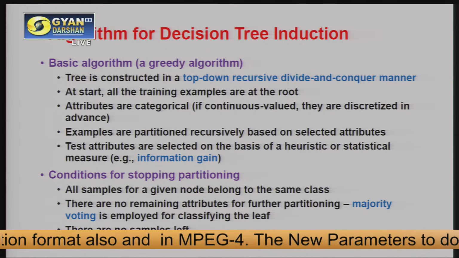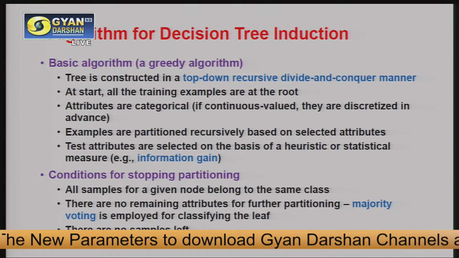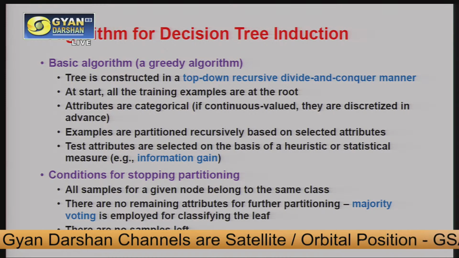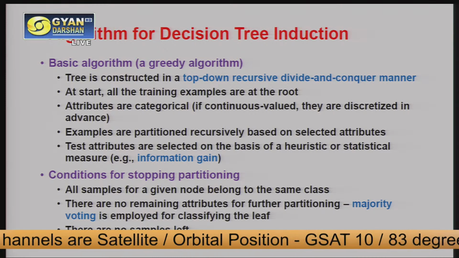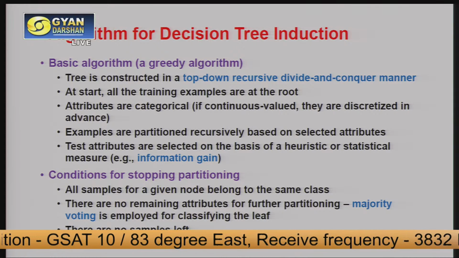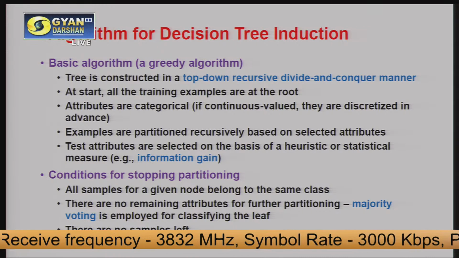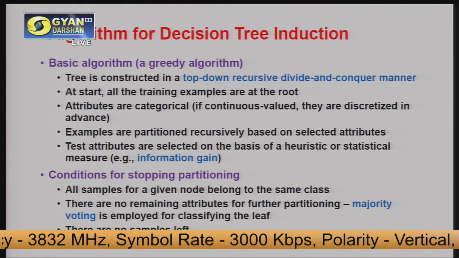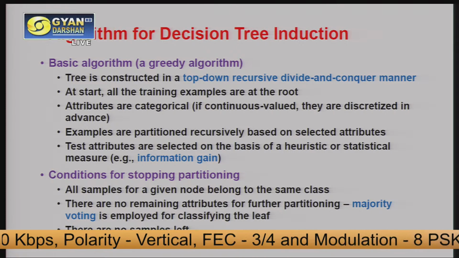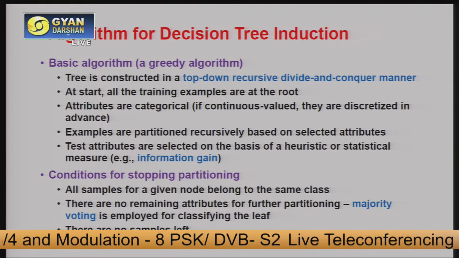Then recursively we use one of the attribute selection measures to select which attribute is going to act as the root node, followed by a sub node, and at the end we will have a leaf node, which represents the classes. There are multiple conditions for stopping the partitioning: all the samples for a given node belong to the same class, and we continue this recursive process till there is no sample left.